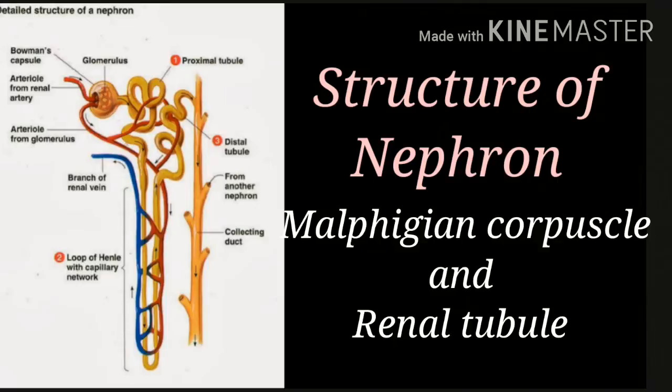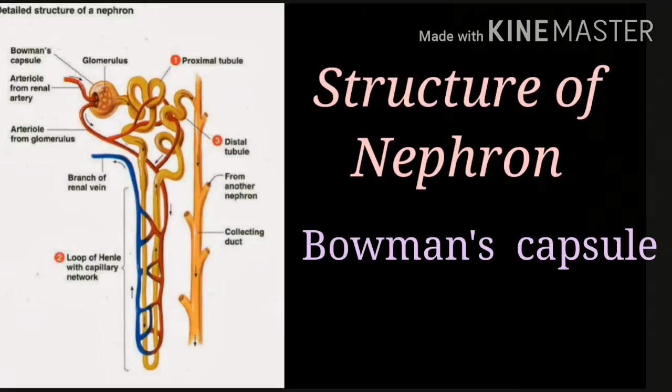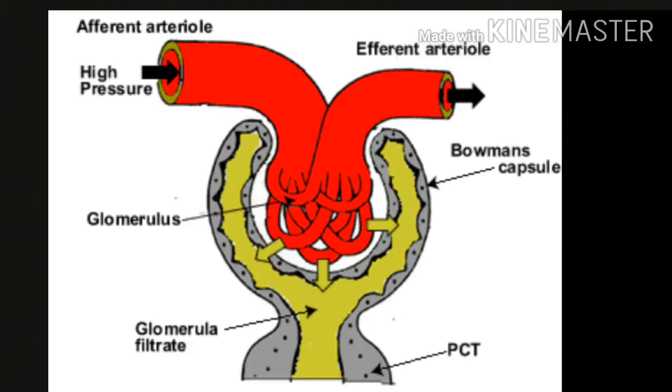The renal corpuscle consists of a cup-shaped structure called Bowman's capsule. It contains a bunch of capillaries called glomerulus. Blood enters the glomerular capillaries through afferent arterioles and leaves through efferent arterioles. The Bowman's capsule leads to the renal tubule.